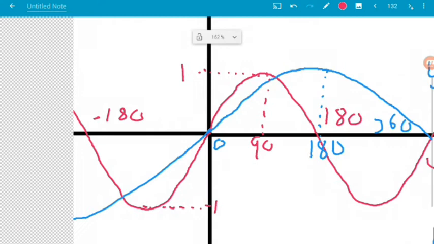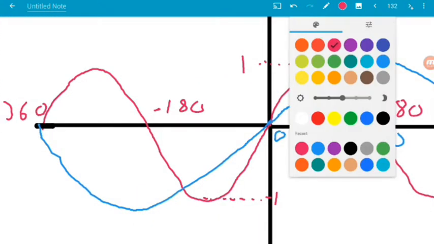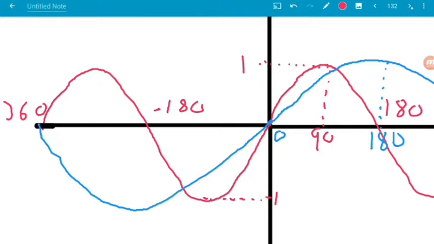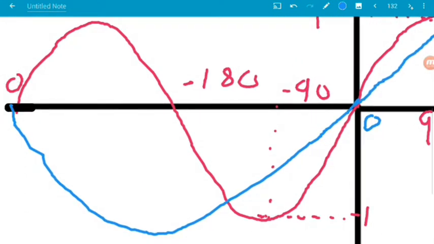And also back here, the trough did happen on sine of x at minus 90. The trough for sine of 1/2 x is now going to happen, sorry, I messed that up.